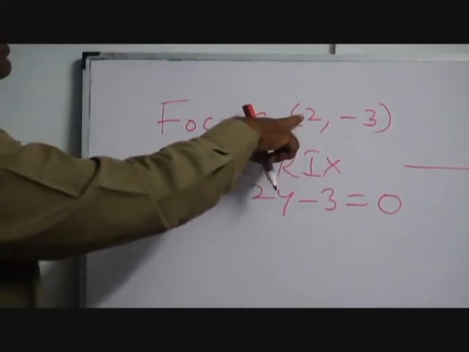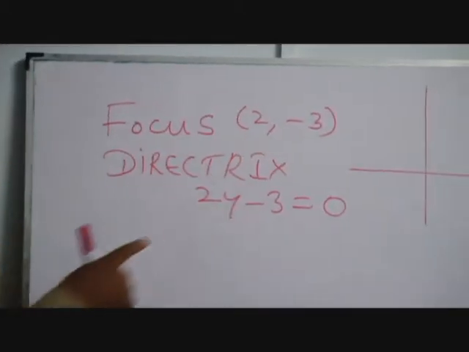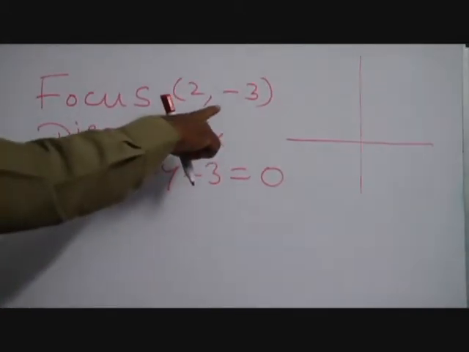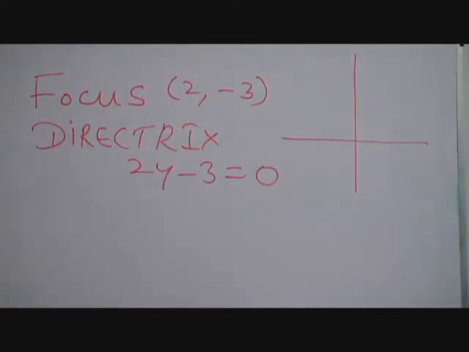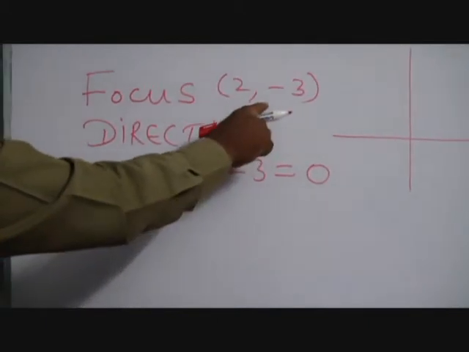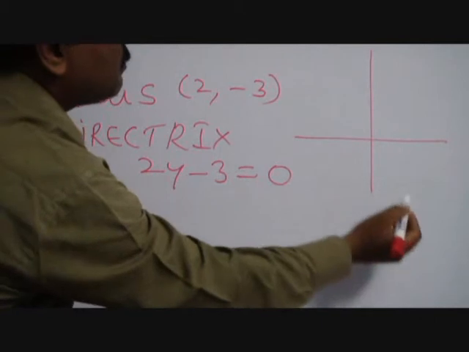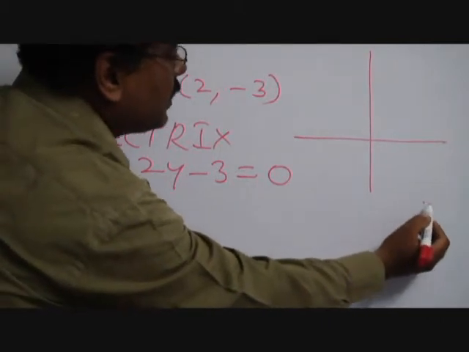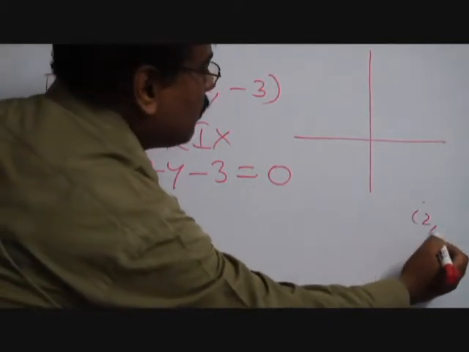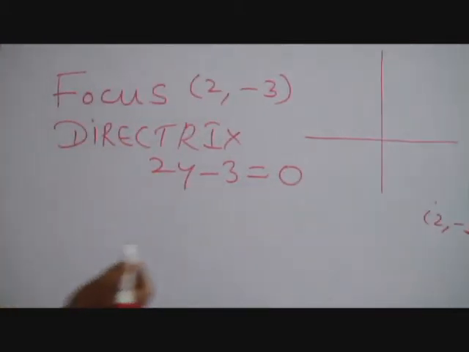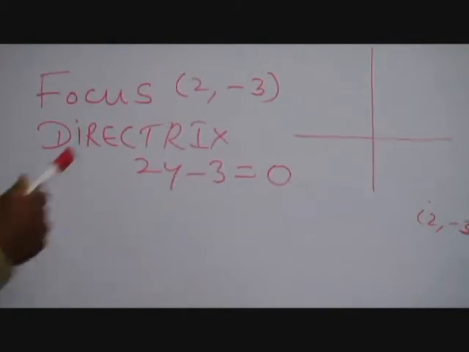If the x coordinate is positive and the y coordinate is negative, then the point lies in the fourth quadrant. Hence I am going to mark the focus in the fourth quadrant. On the x-axis 2, on the y-axis -3. Therefore the point is here, (2, -3). This is the focus.